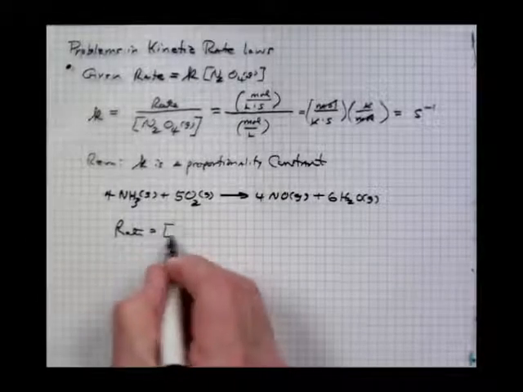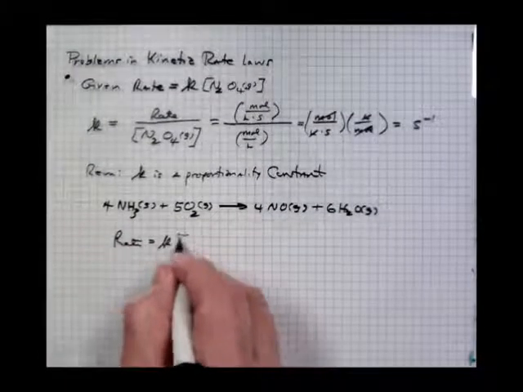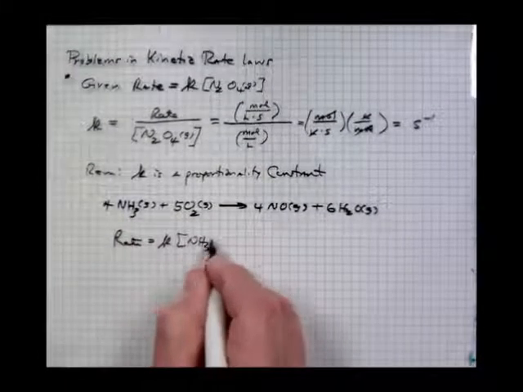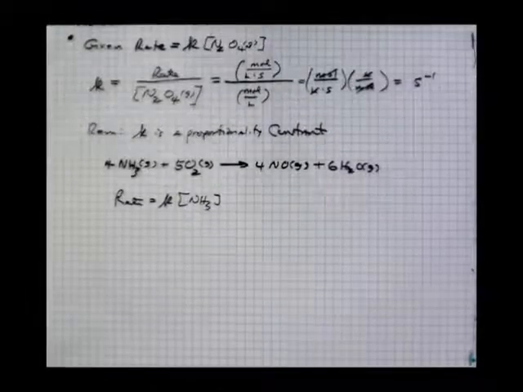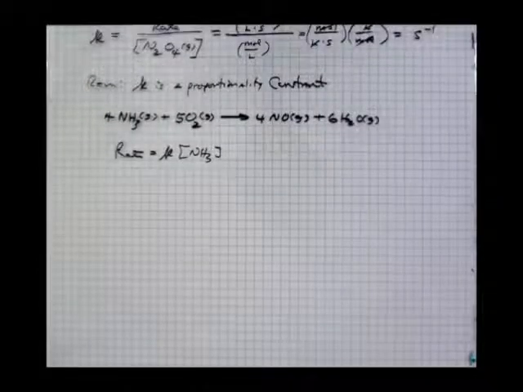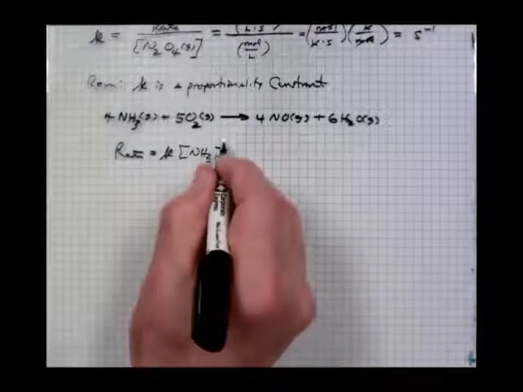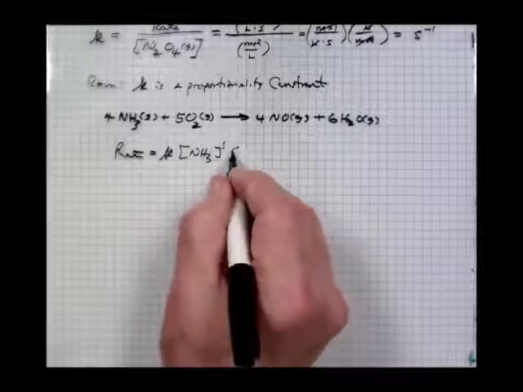Is of course K times NH3, and we learned, let's see if I can get that from the last. Okay, I'm going to say, for hypothetical reasons, this is first order, and this one is second order in oxygen.